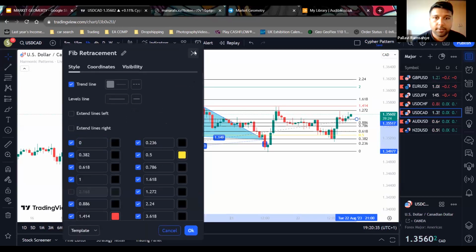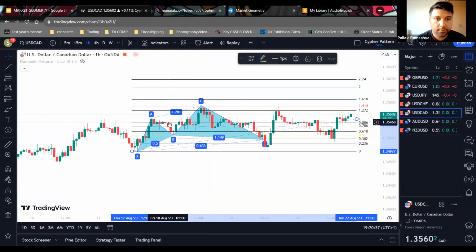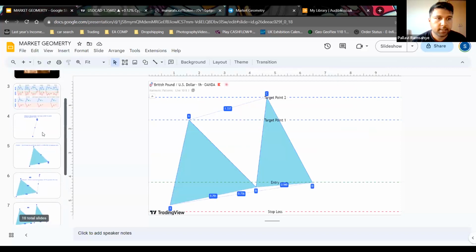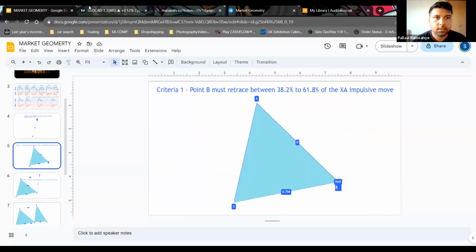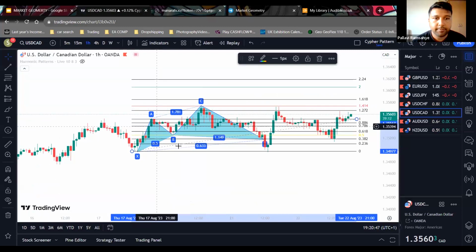Perfect. That's fine. Okay, so now with the Fibonacci retracement tool placed, if I could just come back to the slide and okay, so we're looking for point B. If somebody could type in the chat where we're looking for point B to fall, which values, which percentages we're looking for them to fall between.